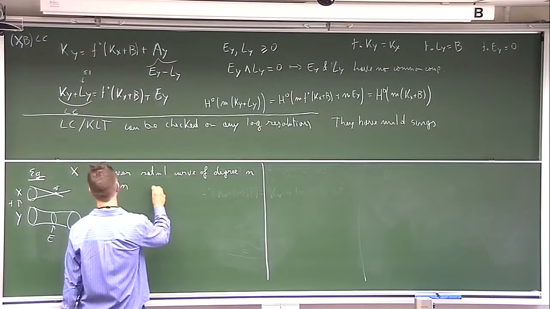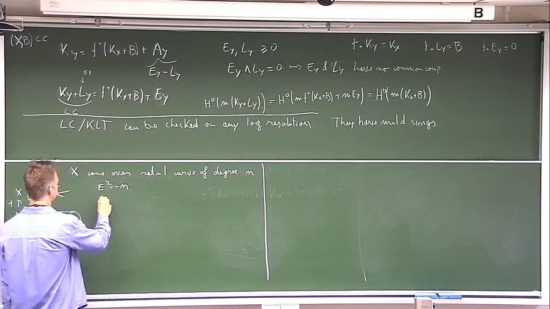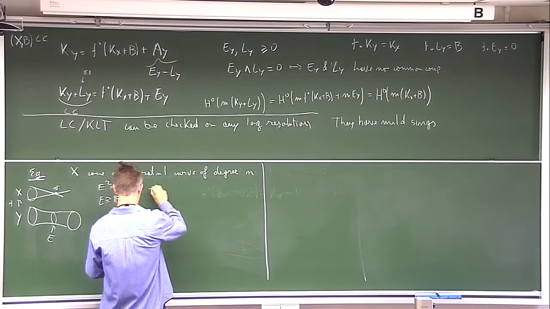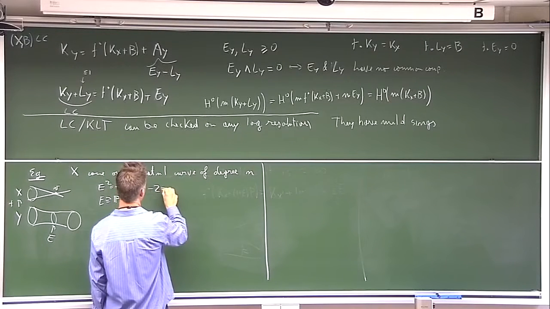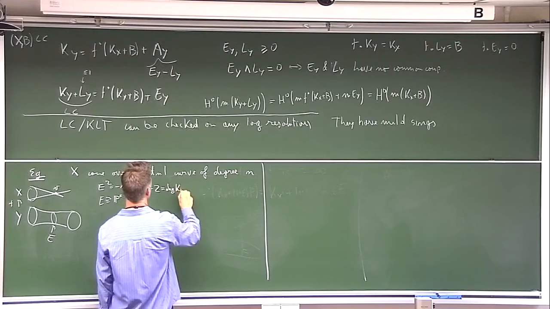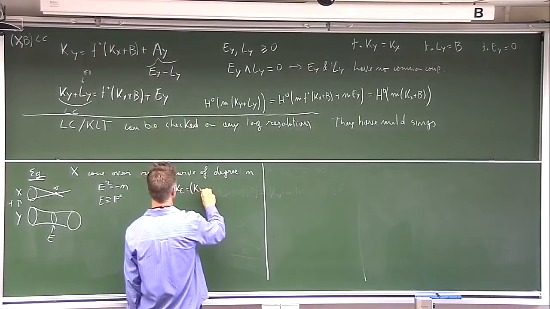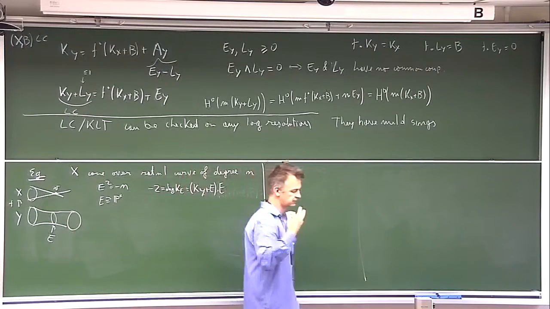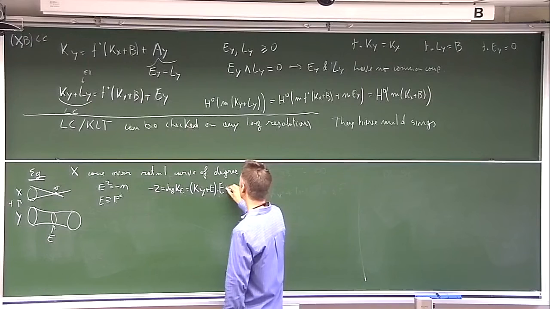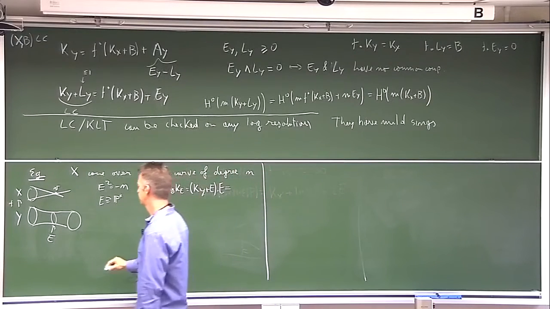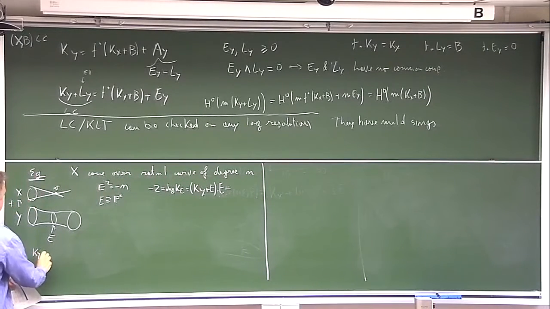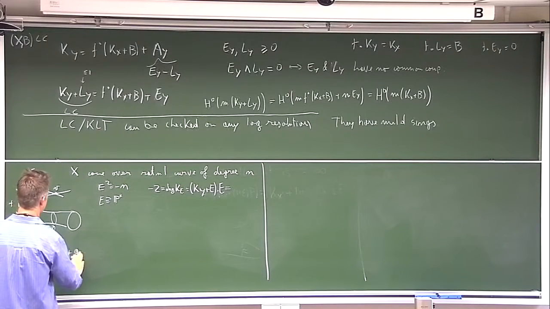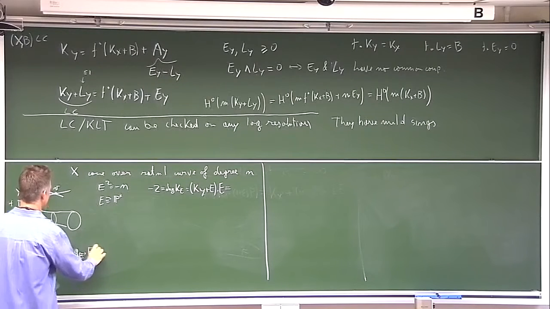So you use adjunction because you see this E is, by assumption, a rational curve. So minus 2 is the degree of the canonical class, which you can compute by adjunction. It's a smooth curve on a smooth surface, by intersecting K of Y plus E with itself. Now, K of Y is just the pullback of K of X plus a of E times E, right?